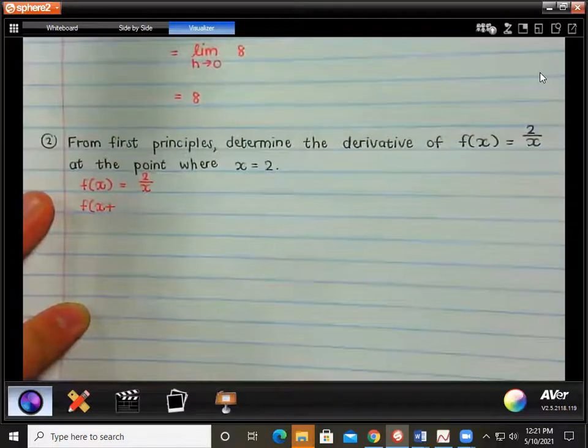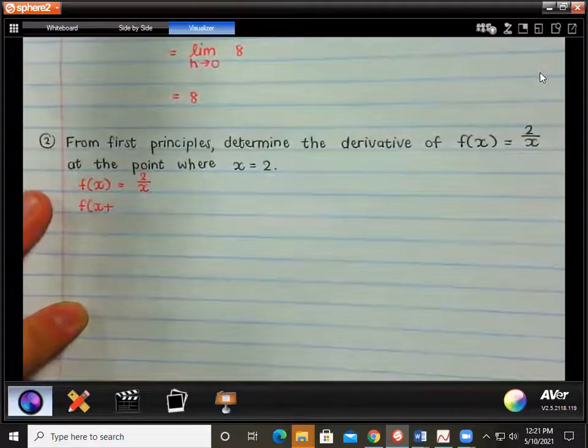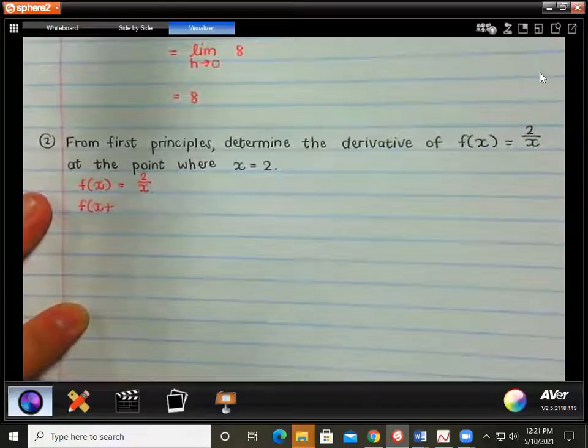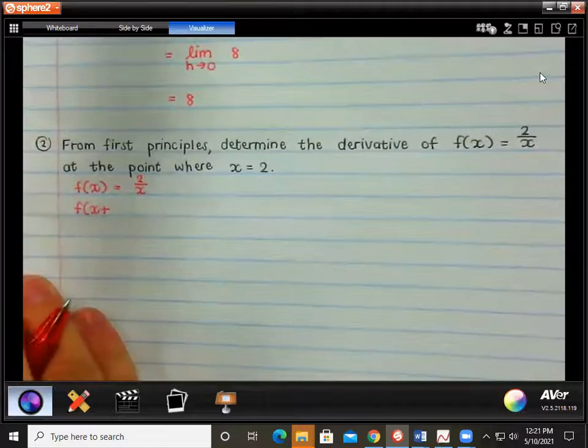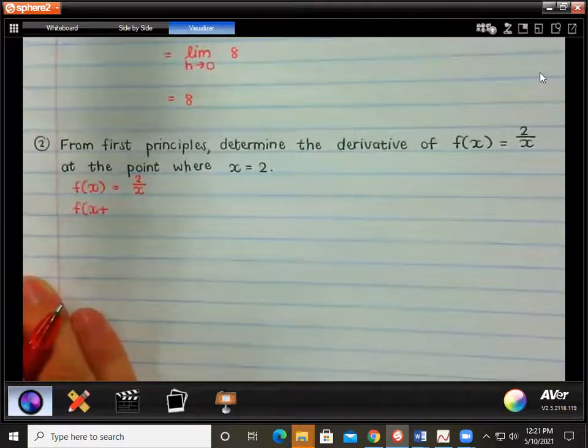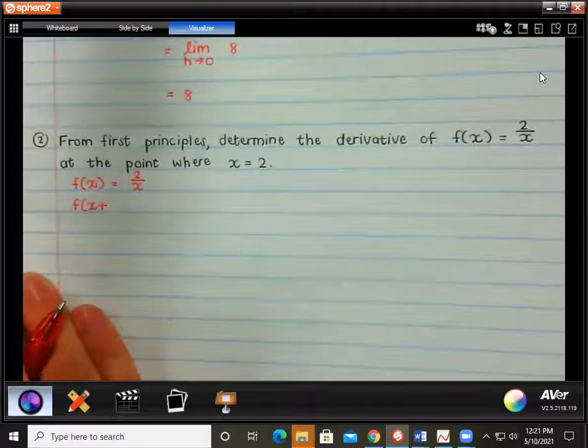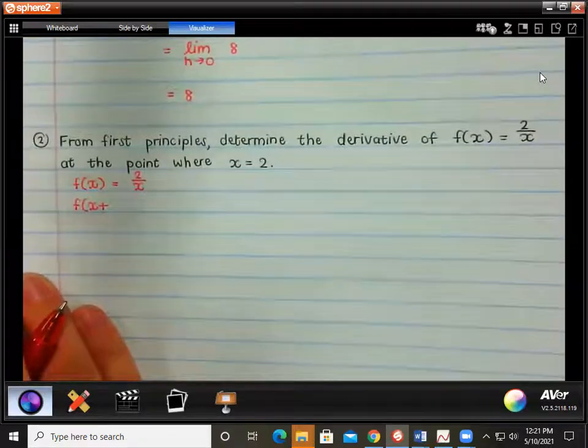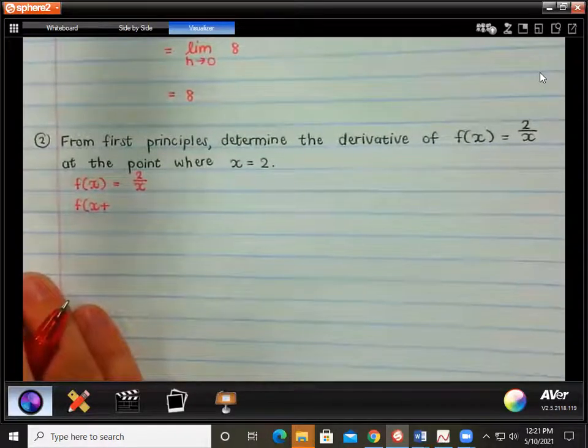You're going to have to sub in x equals 2 into your expression for the derivative at the end. And then you sub in h equals 0. So you first sub in h equals 0, that gives you your derivative, and then you're going to sub in x equals 2. Yes. No, the two little ones, the small fractions.